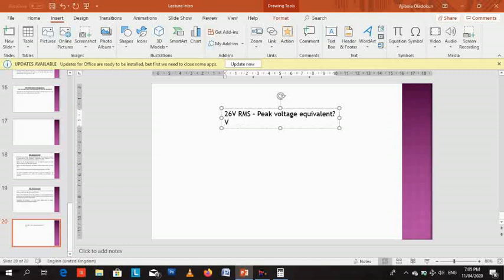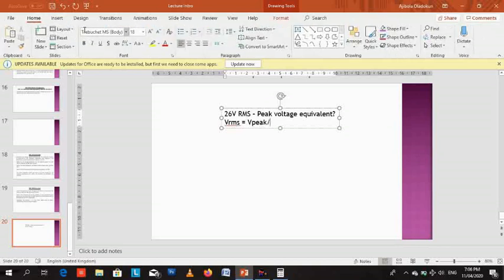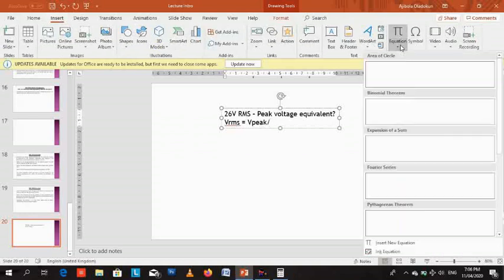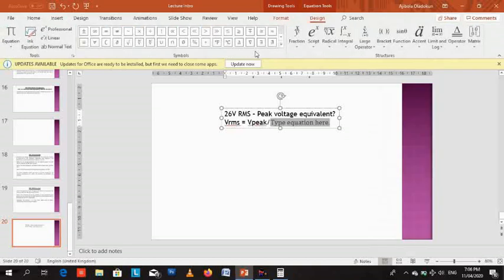Remember, during the last module we gave an equation that expresses the relationship between RMS voltage and peak voltage. The RMS voltage is V peak over root 2. So, equation, insert the square root symbol: root 2.